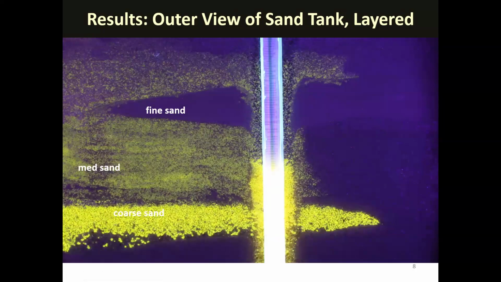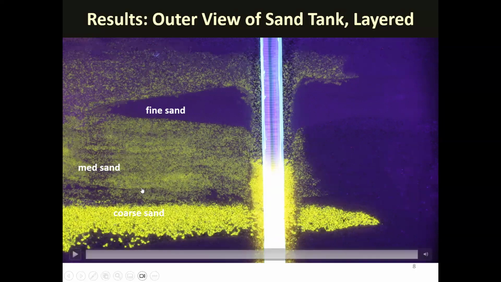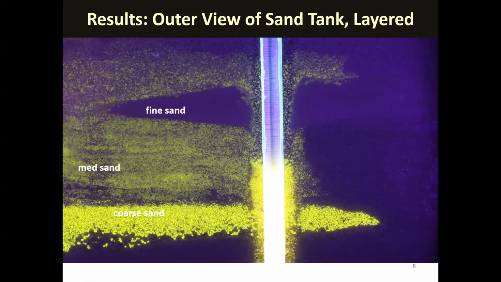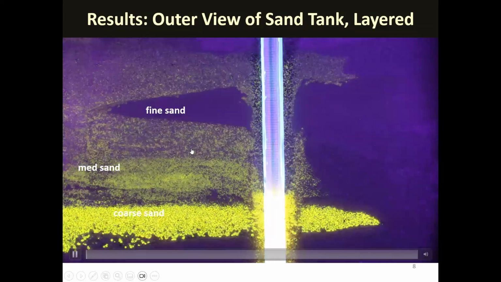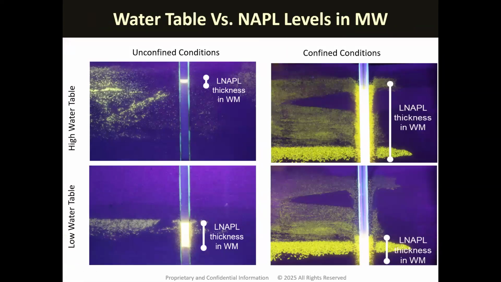And in the previous example, if you have a coarse sand here and the water table is going down, the contaminants store in the formation, and there's less contaminant to go into the monitoring well. So the trend of thickness in the monitoring well with water table elevations is the opposite if you don't have confining layers. And that is the reason why it's so difficult to interpret these levels, because when you have a monitoring well, you only have a view of this central part.